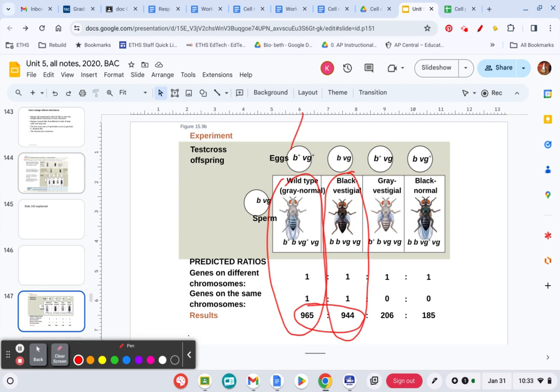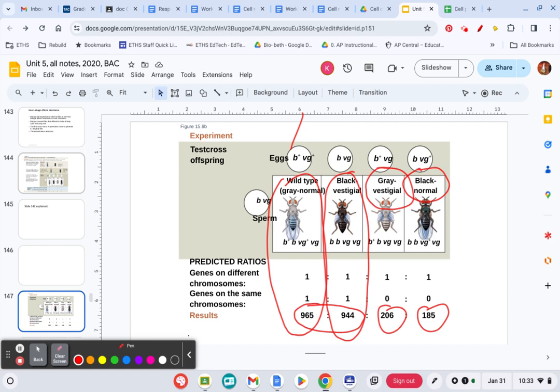He did find a few, but not nearly as many, that showed kind of a hybrid of the two parents. They had the grayness of the one parent, and they had the vestigial of the other parent. And they had the black of one parent and the normal wing of the other parent.